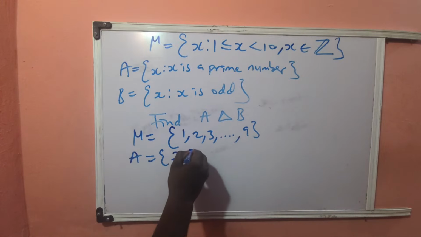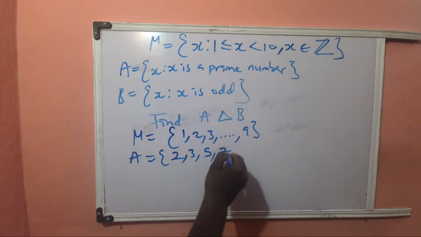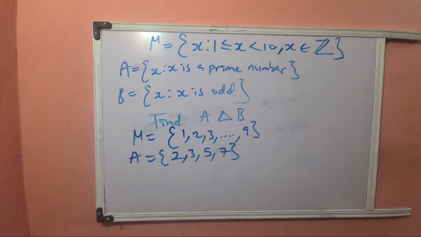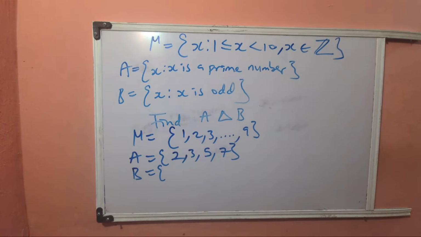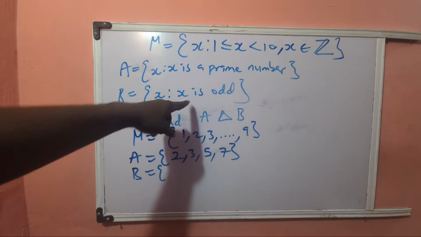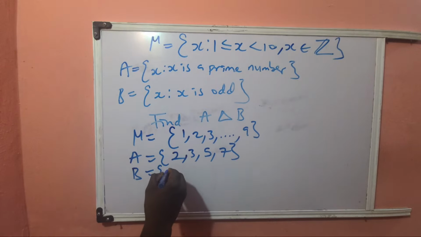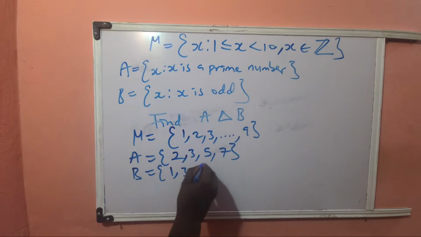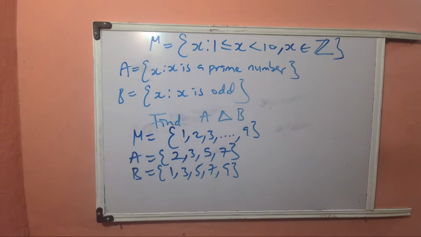So we have 2, 3, 5, 7, and that's all for prime numbers. Is that correct? For our set B, which belongs to the same universal set, we are told that x is odd. So what are the odd numbers we have here? 1 is odd, 3 is odd, 5 is odd, 7 is odd, 9 is odd.